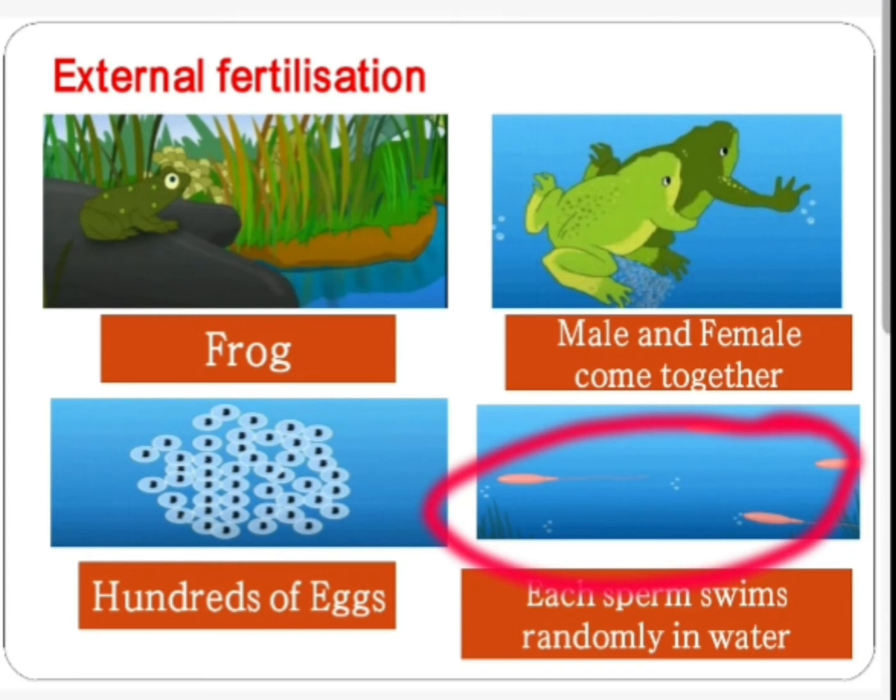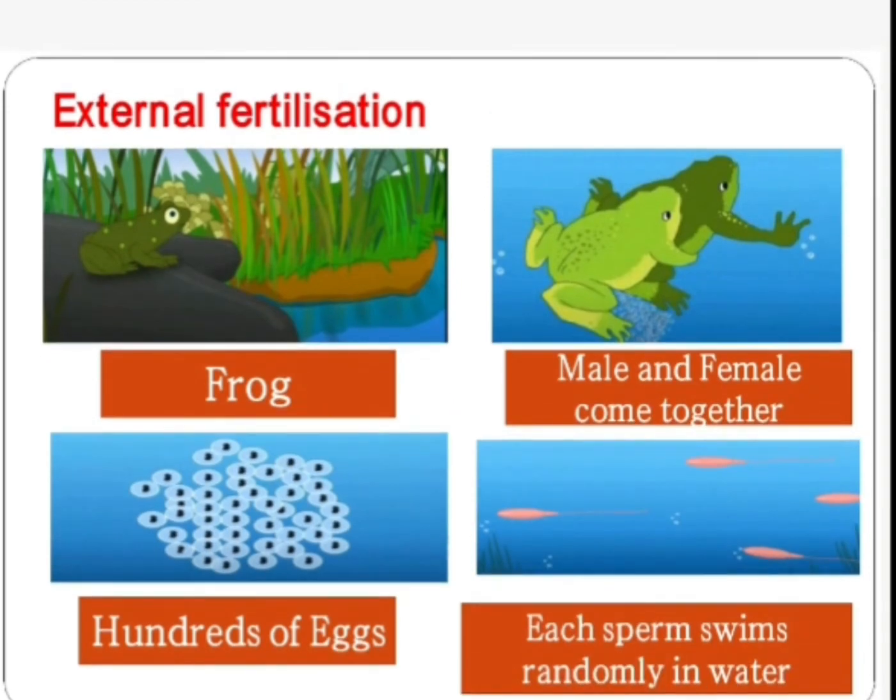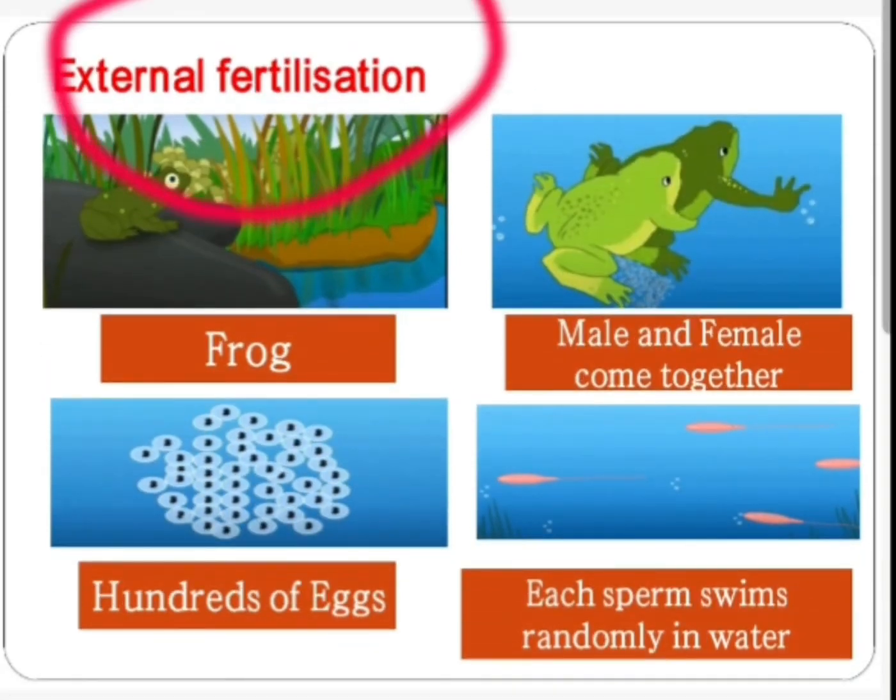This results in fertilization. This type of fertilization, in which fusion of male and female gametes takes place outside the body of the female, is called external fertilization. It is very common in aquatic animals such as fish, starfish, etc.